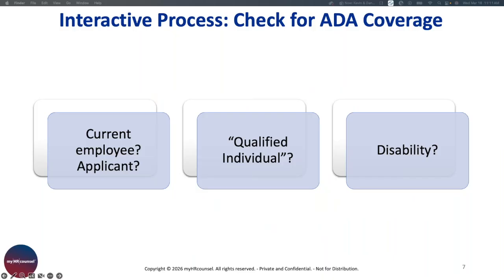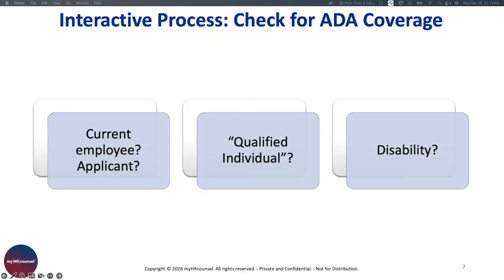But another point to think about with this is direct threat. It's not on the slide, but it's something that is covered under the ADA law. Somebody might not be a qualified individual with a disability who is required to be accommodated if they pose a direct threat. Now, this doesn't happen all the time, but it's something to be aware of with your analysis when you're looking at somebody who may need some help.